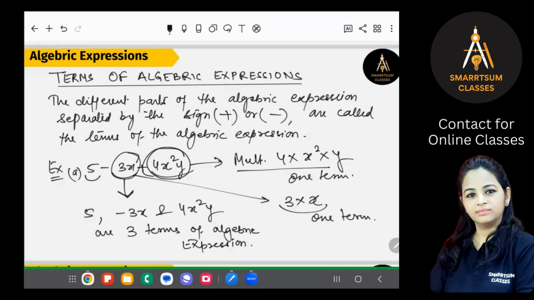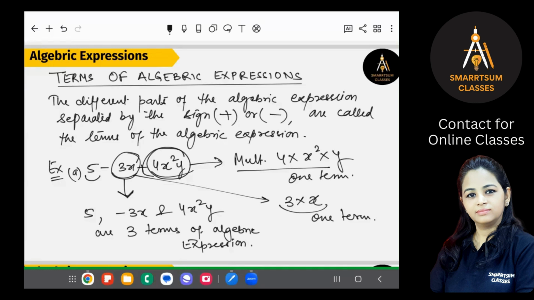So always remember, multiplication and division do not separate the terms. Different parts of the algebraic expression are always separated by either addition or subtraction, not by division and multiplication. Okay, is that clear to everyone?